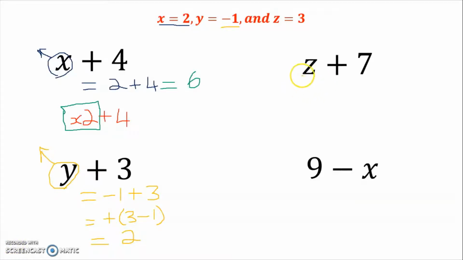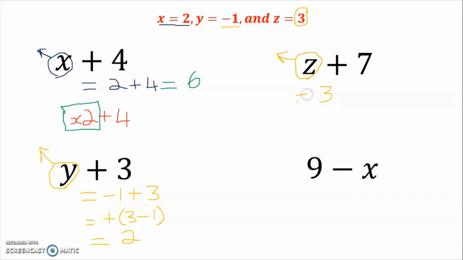Let us look at z plus 7. Z equals positive 3, and because of that, wherever we have z in the expression, we will remove it and introduce positive 3.